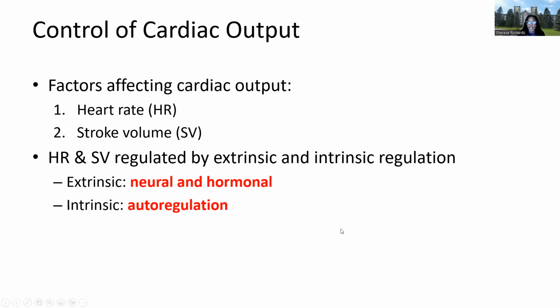Intrinsic modes of regulating would be autoregulation. So we will speak about some aspects of cardiac function that are auto-regulated, where the heart will automatically have a certain response just based upon its natural anatomy or physiology. A good example of this right off the bat is if we think about the stretching of the cardiac fibers.